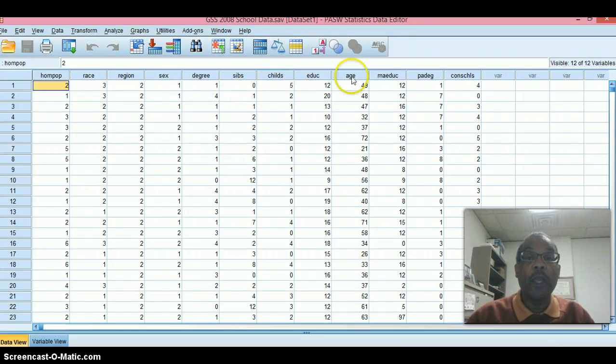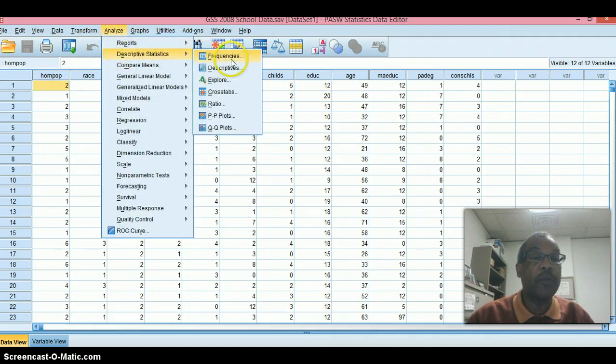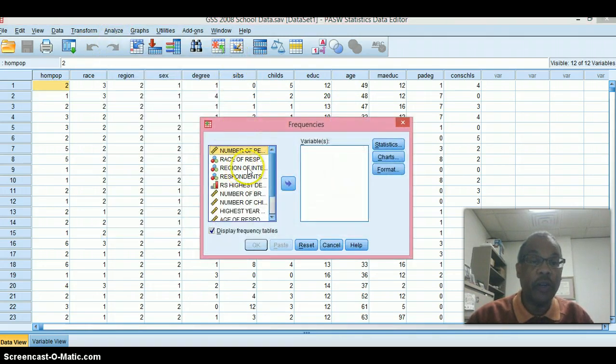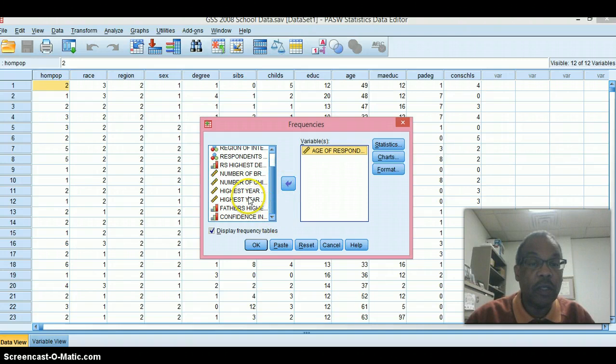Here we go. And for age of respondent, now question B asks us for education, so I'll tell you what, I'll just do both of them at the same time. Descriptives, frequencies, nothing new here. Where is age of respondent? Respondent's age is here, age of respondent, and as I said, I'm going to do education at the same time.